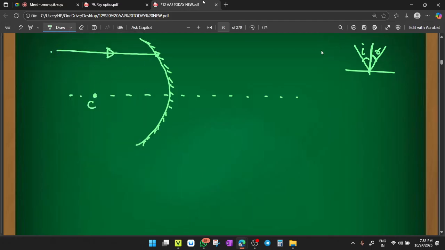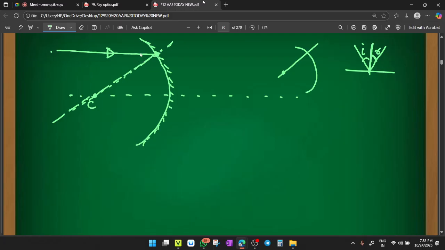Now make a normal. The normal is always perpendicular, and every perpendicular in a circle passes through the center. Yes or no? So here it is a normal. This is the normal to the circle, an imaginary normal.